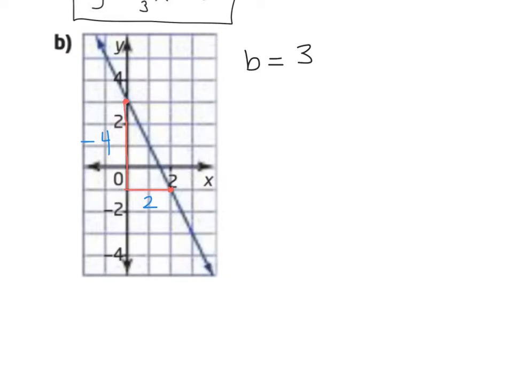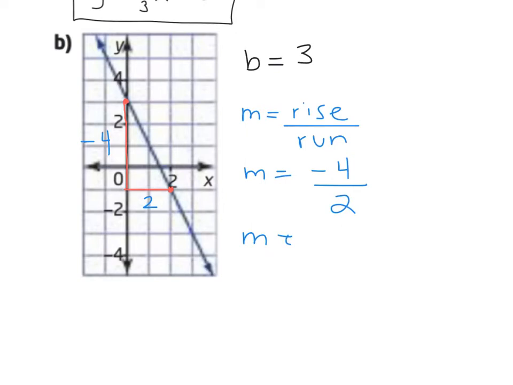So I'm going to insert those rise and run values into my formula for slope, which is rise divided by the run. My rise is -4, my run is 2, and -4 divided by 2 is going to give me a value of -2.